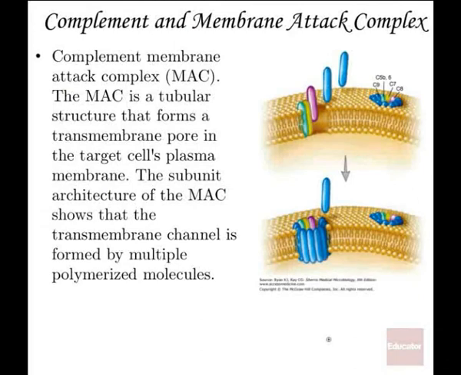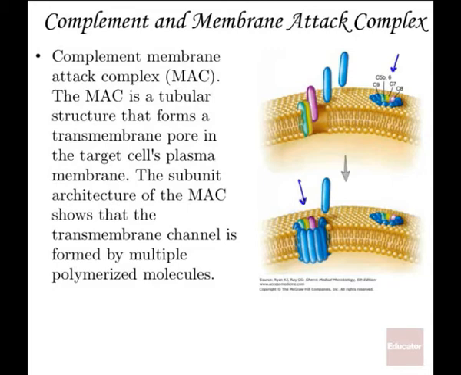So here is a picture of the formation of this membrane attack complex. You can see these are all different types of complement proteins, and they tunnel into the membrane of a bacteria, for instance, and eventually form a channel.